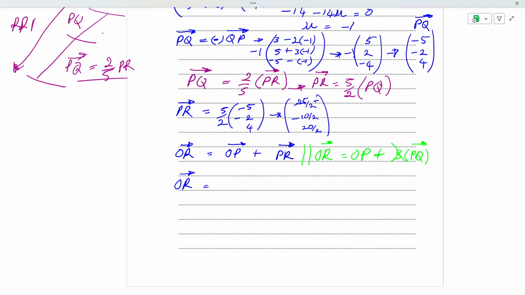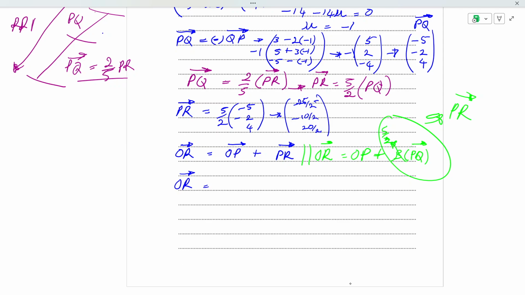But we know that beta in this case is just 5/2. And then this whole thing would be the direction PR. I hope that makes sense. If that doesn't make sense, comment in the comment section.